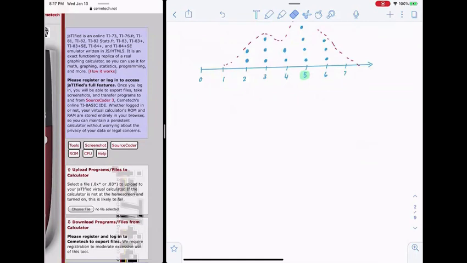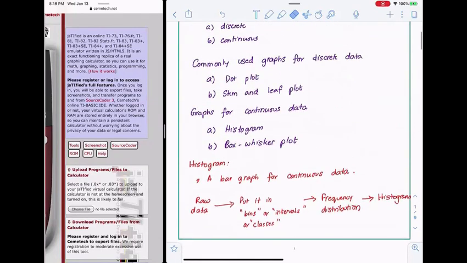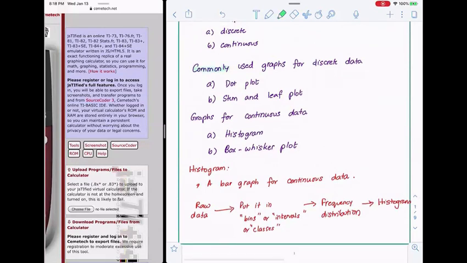So the second type of plot that we use for discrete data and occasionally continuous data is the stem and leaf plot. It works better typically for discrete data, but we can use it for continuous data also. Even though I categorized stem and leaf plot under discrete, do keep in mind I use the word commonly.